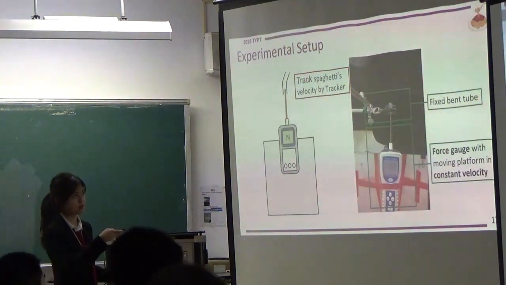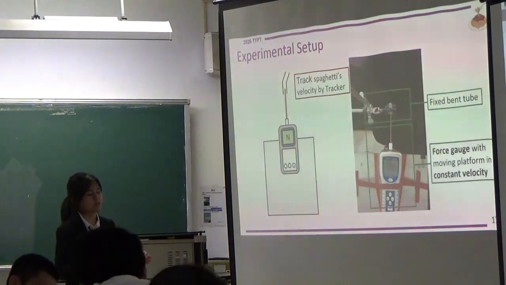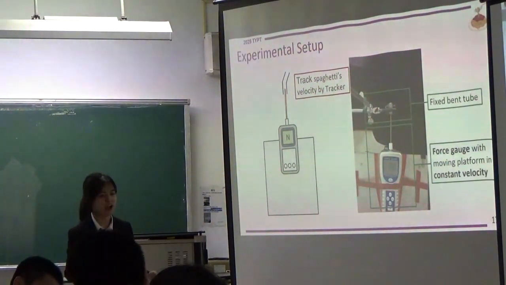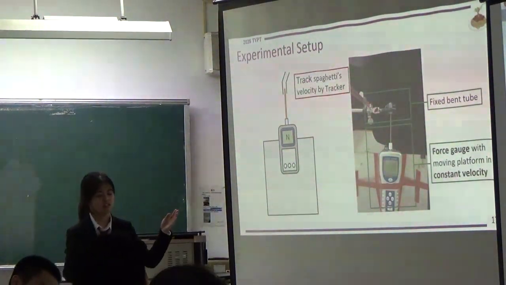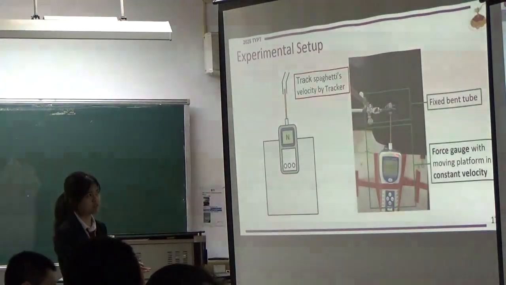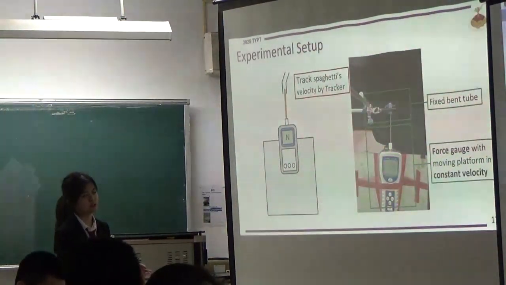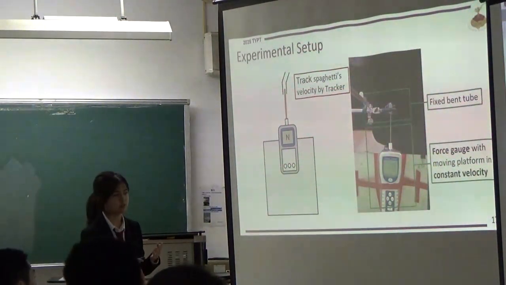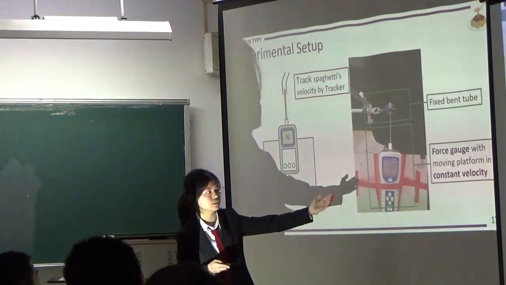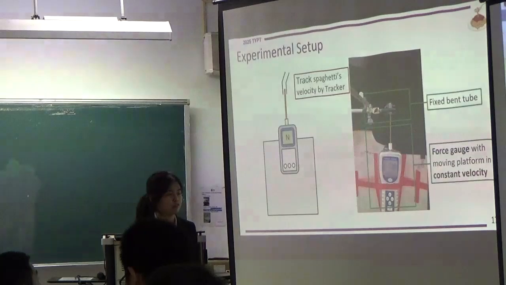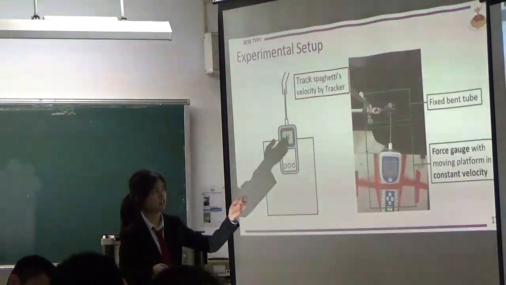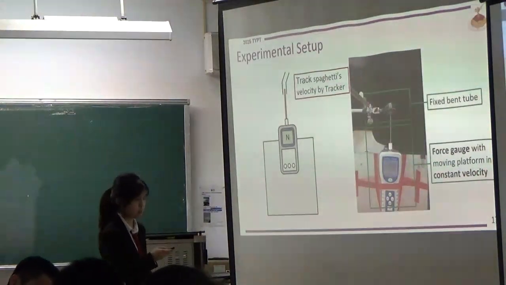And it is made of 3D printed material because we think that will be more accurate if we can fix the angle inside of it. And we made one of the sides clear to let us see through, so we can observe the phenomena easier. And a force gauge is attached to a moving platform at a constant velocity to give the spaghetti a constant force.